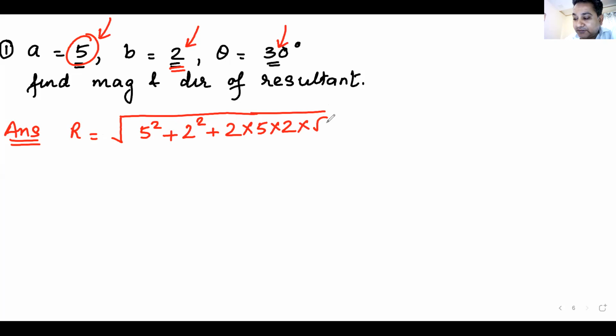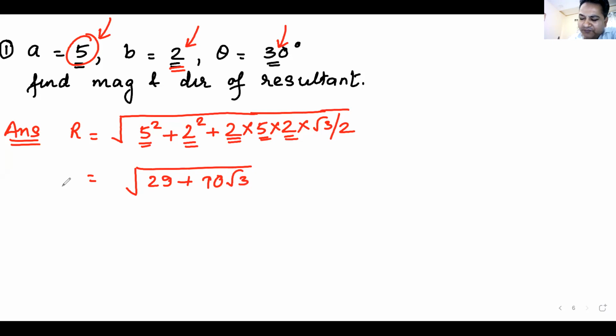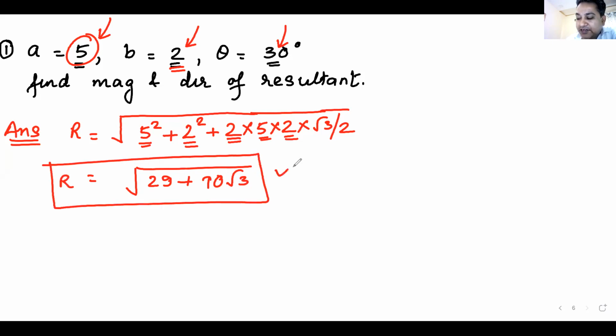Cos of 30 degrees is root 3 by 2. So I have 25, 4, 29, root over 29 plus 2 into 5, 10, 10 into 2, 20. 20 divided by 2 is 10. So 10 root 3. It looks very awkward, but we can't help it. Let us keep it like this. So that is the magnitude.